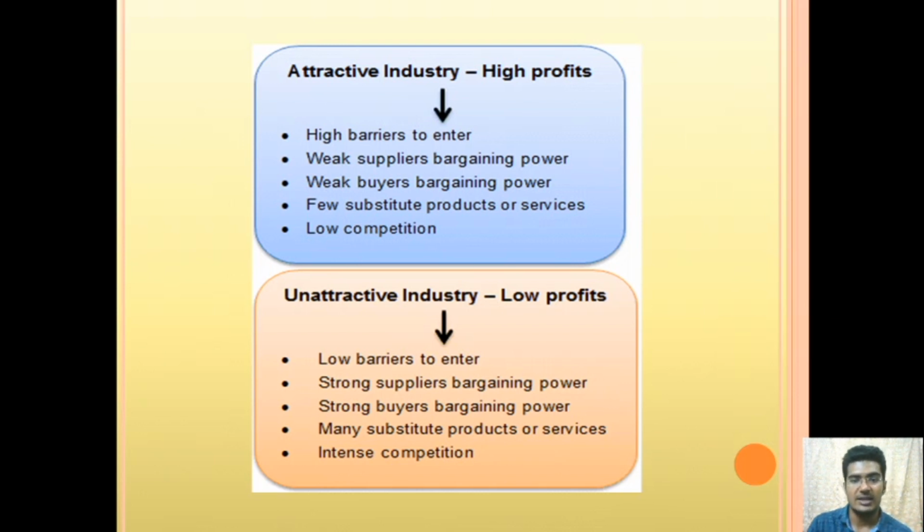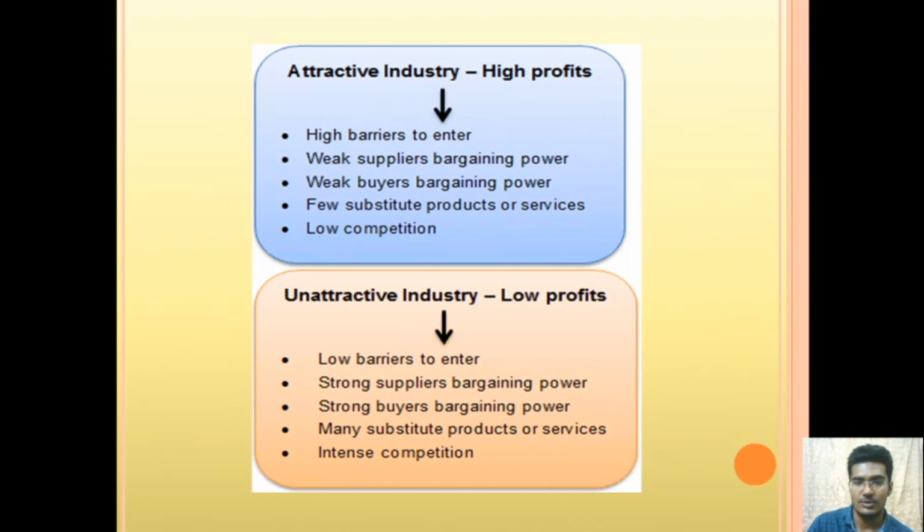Weak suppliers' bargaining power. If the company has a lot of suppliers to purchase raw materials, the purchasing power is with the company. And weak buyers' bargaining power. If it's a monopolistic product, and they do not have many substitutes, once again the company can make higher profit by fixing a high price.